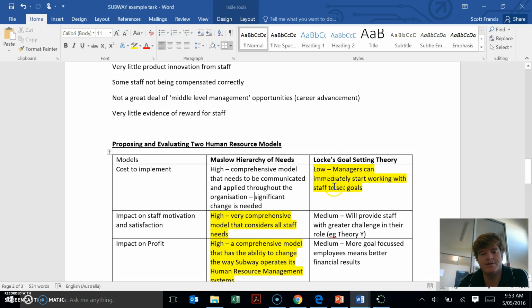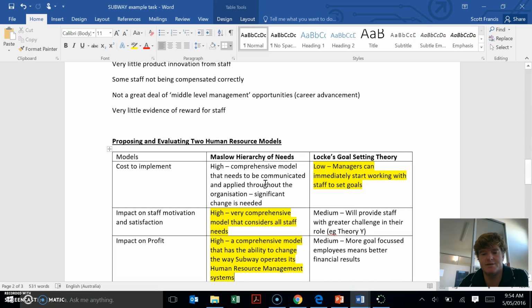So that's a pretty low process. Maslow, it's going to be expensive, because this is a really comprehensive model. It goes right from dealing with the basic needs of people's safety and food and water, all the way through to considering their needs around creativity and achievement. So there's going to be a big change in an organisation like Subway. Remembering this is dealing with Subway restaurants, Subway sandwiches.